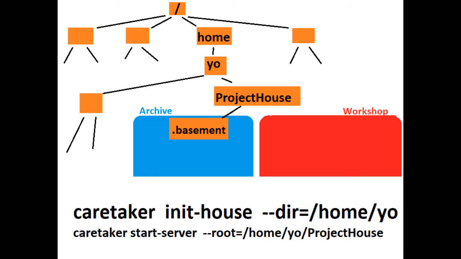The Caretaker is used to create and maintain such a project house. This one, for example, was created under the directory /home/yo with a call of Caretaker init house. You can also use a GUI for the project house in the browser after calling Caretaker start server.